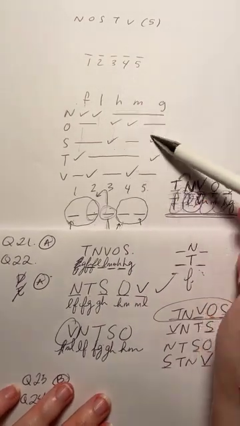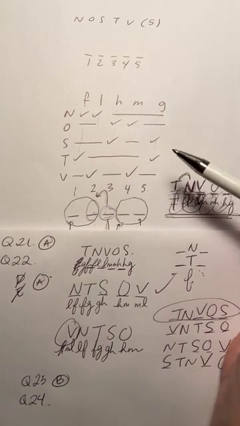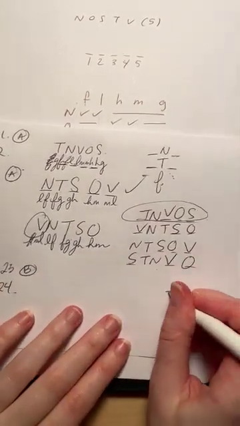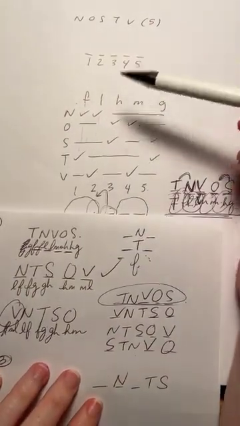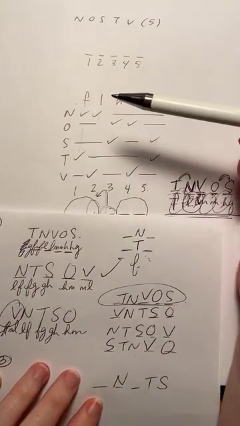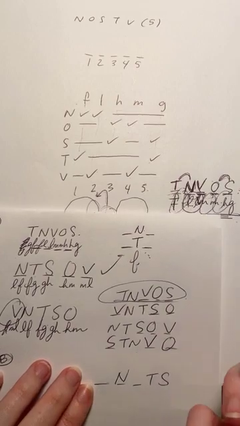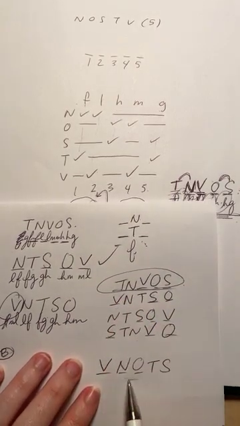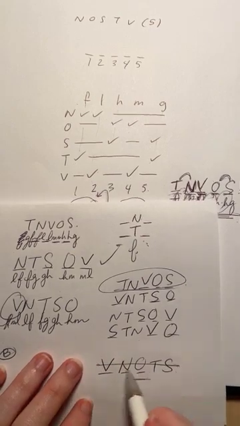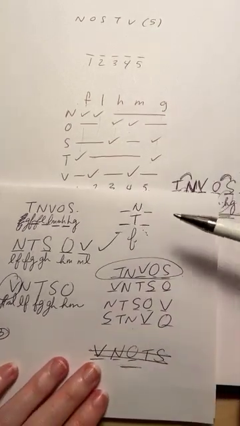S also shares one in common with T. So let's give that a go. That would mean N is second. And then this can't be O, right? Because O can't be first. So it would have to be V. And then O would have to be here, but O can't be between N and T. So that's not allowed.